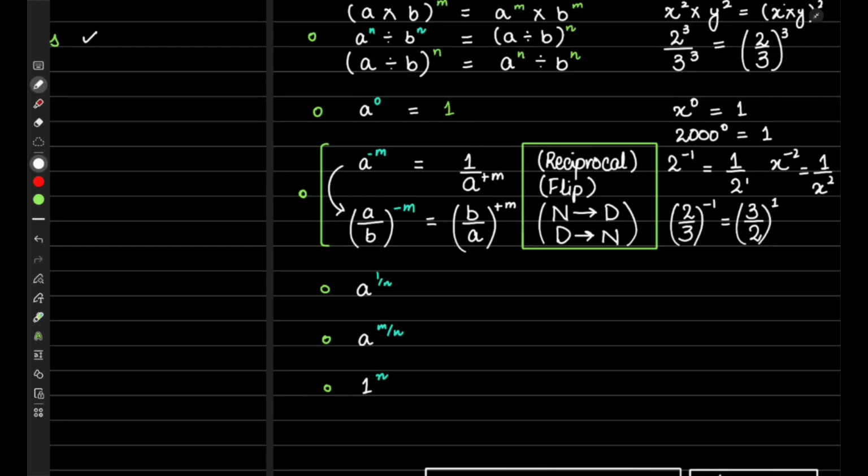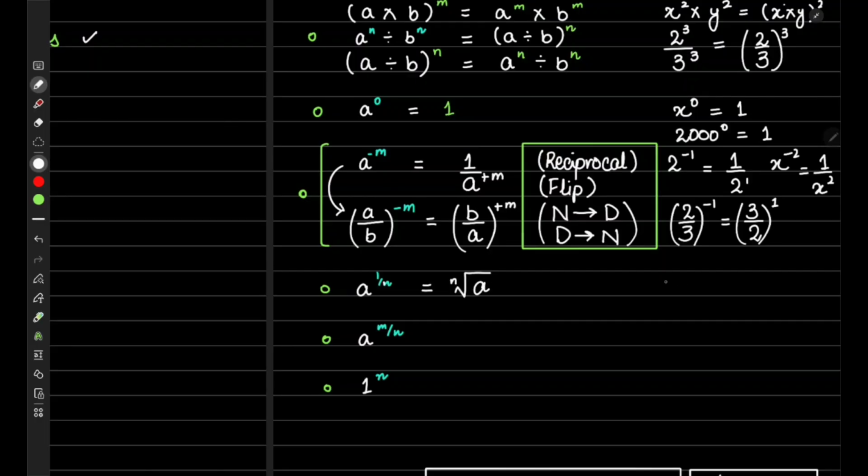Now comes the fractional power. 1 over n represents a fractional power. So if you are given a to the power 1 over n, what it actually represents is the nth root of a.